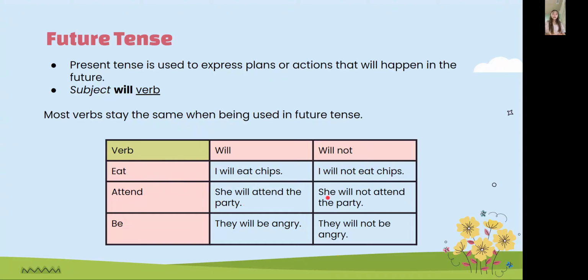Then you say, she will not attend the party. The next verb we have is be. They will be angry. But you can also say, they will not be angry. Does everybody understand the difference between will and will not? How about we have one person answer this question? Sophia, what is the difference between will and will not?